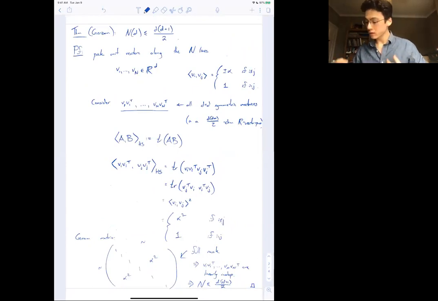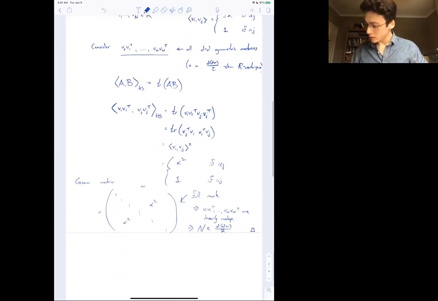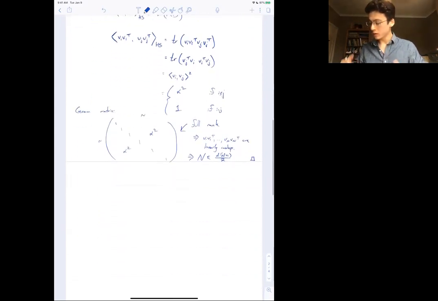So this was a general purpose quadratic upper bound on the size of a set of equiangular lines in d-dimensional Euclidean space. And it was quite a few more decades until we had a lower bound which came anywhere close to matching this.